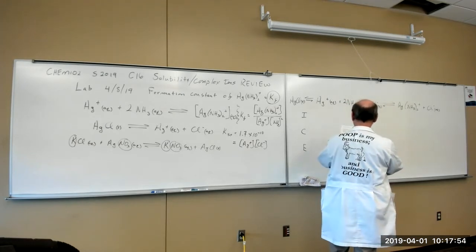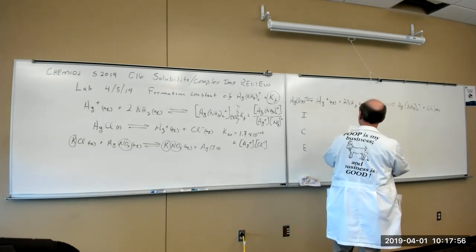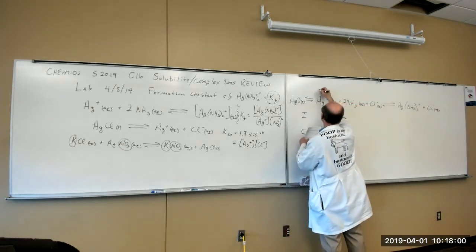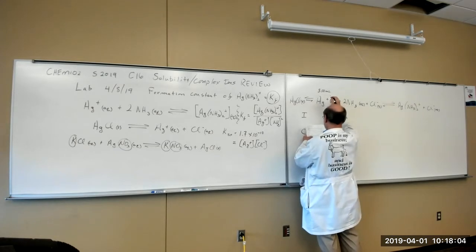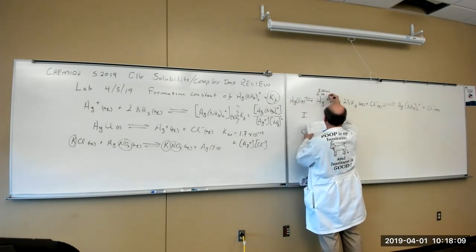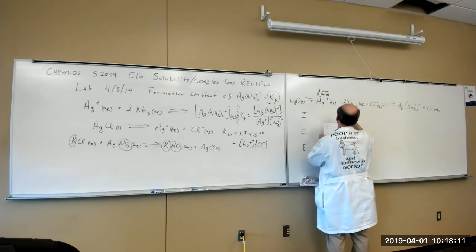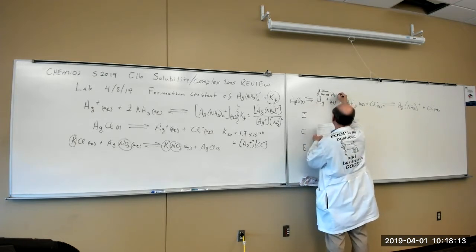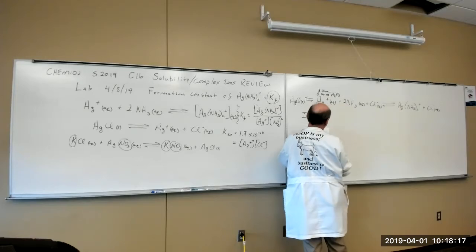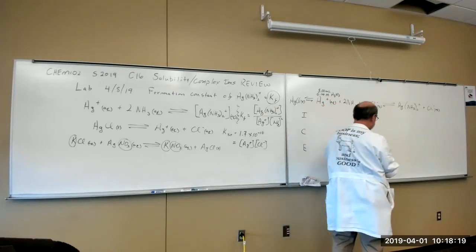So we're saying that 5 mils of 0.1 molar silver nitrate. And so we're starting with this, and then we're treating, I'm sorry?